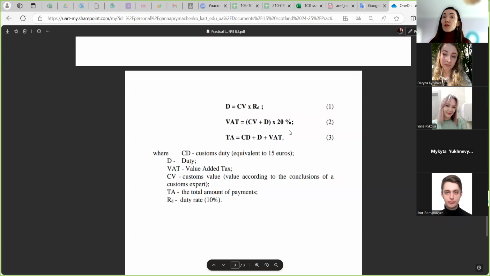And calculate it, please, and write is equal to, and we have the result in hryvnias. Do it. Maybe somebody does it faster, somebody later. We have the time, so you can calculate it all.